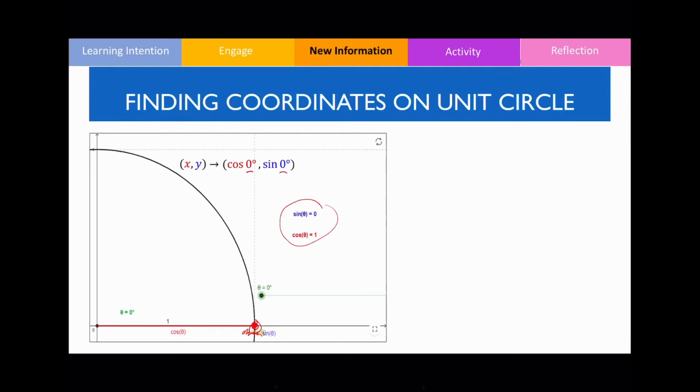I can clearly see that my x value is going to be 1 because that's the radius, okay? So that's going to be 1 over here. And you can clearly see that your y value, which is your sine value, corresponds to 0 because you're not moving vertically at all. So the coordinates for this one are going to be 1, 0, okay?